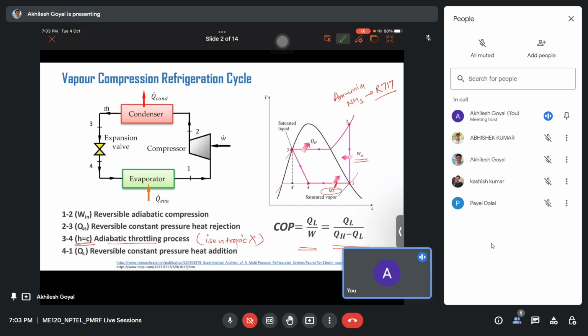High amount of volume means you need a centrifugal compressor. In simple terms, if the volume flow rate of the refrigerant is high, then we use the centrifugal compressor.